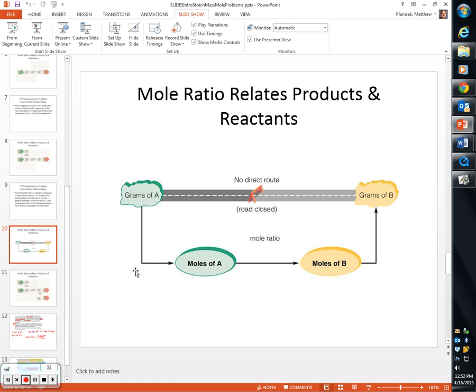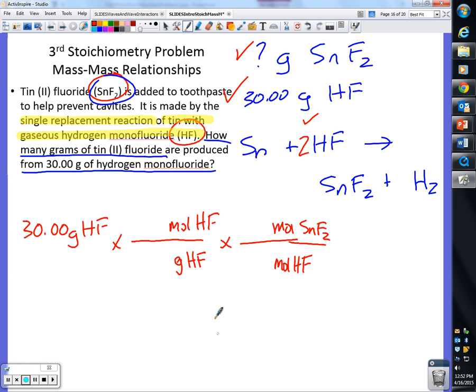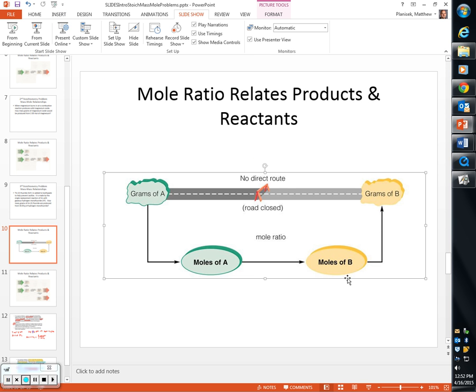But now we've taken the first part of the detour, and now we're on the second part of the detour here, converting moles of A to moles of B, or in this case, moles of hydrogen fluoride to moles of tin fluoride. But we're not done yet. We haven't gotten to our destination.